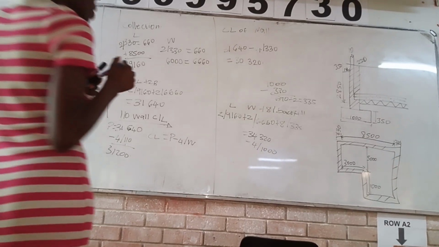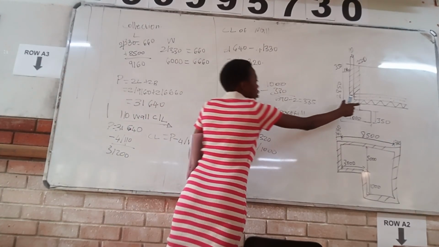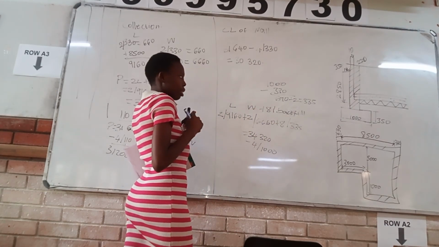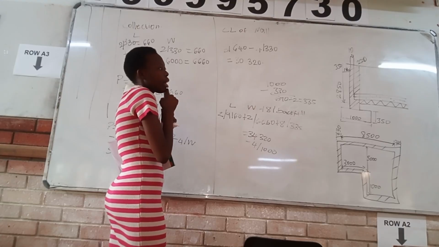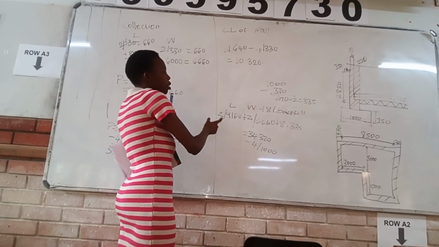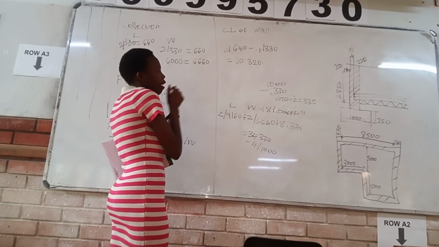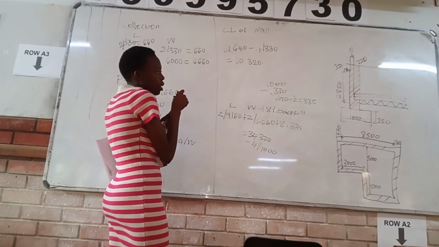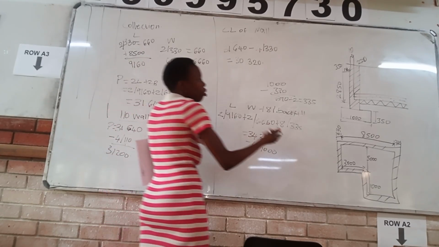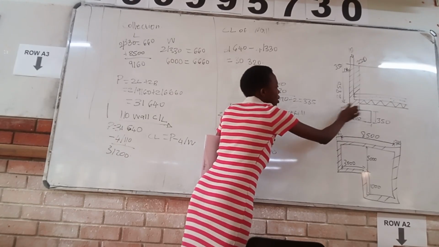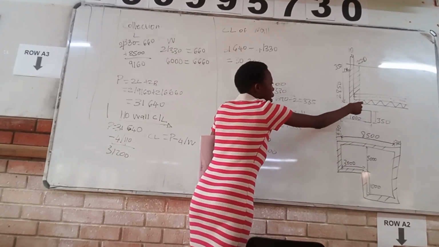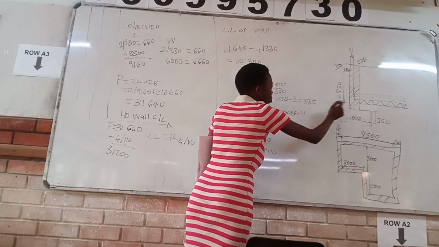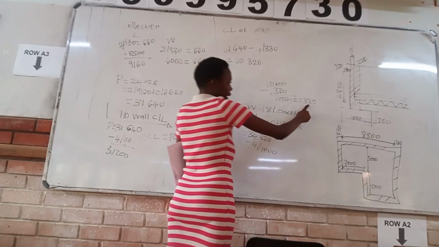So here we were proving that the center line of the foundation wall, as long as the foundation wall is in the middle, will be equal to the center line of the concrete footing. We first need to calculate the backfill to get the perimeter. Backfill is the side of the walls. So it's 1,000, which is the thickness of the concrete footing, minus the foundation wall, which is 330, we get 670, divided by 2, we get 335.